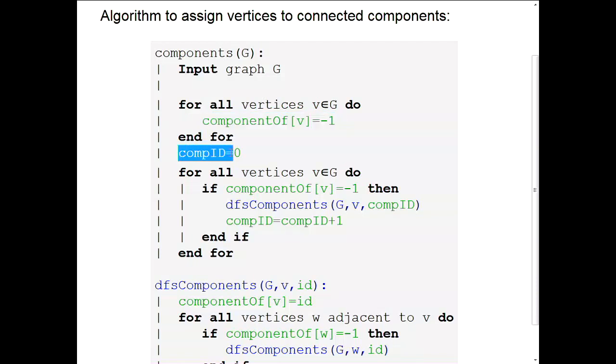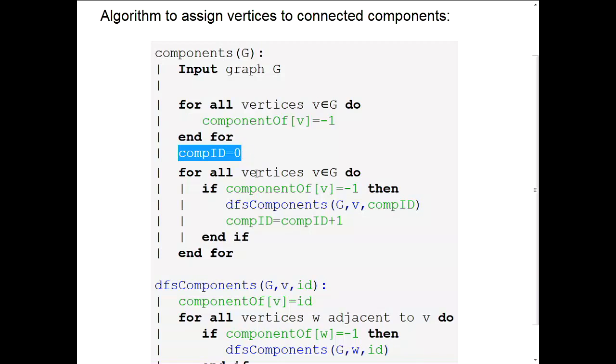And then we use a component ID, initialized as 0, which will be incremented once we need to go to a new component. So if our graph has 3 components, then in the end we want to use component IDs 0, 1, and 2. All the nodes in the first component will get component ID 0, all the nodes in the second component ID 1, and the third component ID 2.